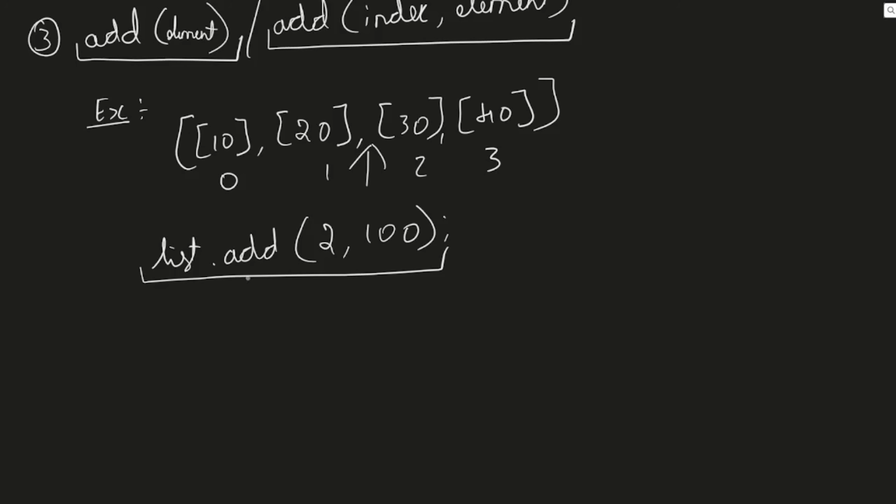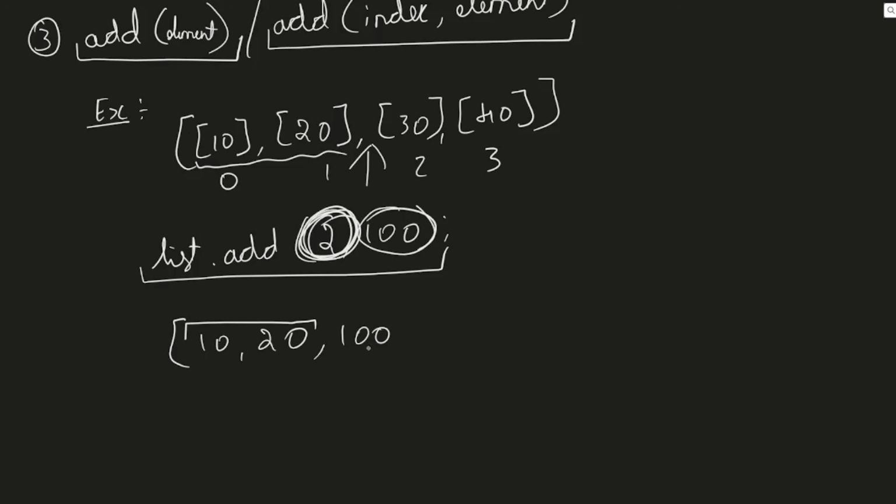What Java does is it will just iterate till the given particular index, 10, 20, and it will just retain the same elements here, and at the given index 2 it will just insert the given element 100 and it will copy the remaining elements to their next position, meaning the second index goes to the third index and the third goes to the fourth. 30, 40.